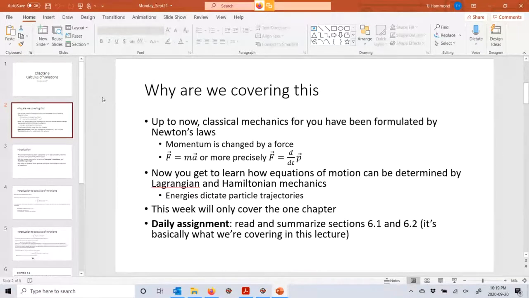The daily assignment due Wednesday: read and summarize sections 6.1 and 6.2, which is basically what we'll be covering in this lecture. Really what I want you to do is read the notes that I post on Blackboard, listen to this video, come to class, and then read the textbook. It'll all be basically the same material, and hopefully then you'll understand how this material works.